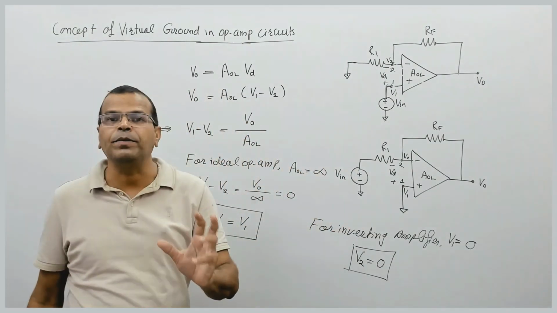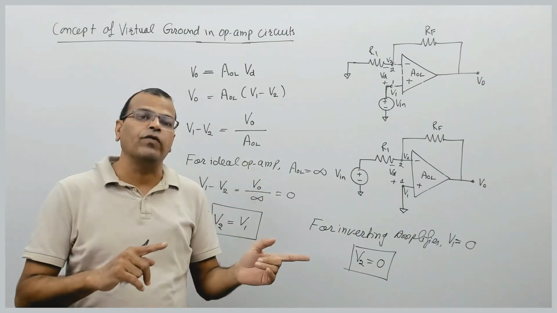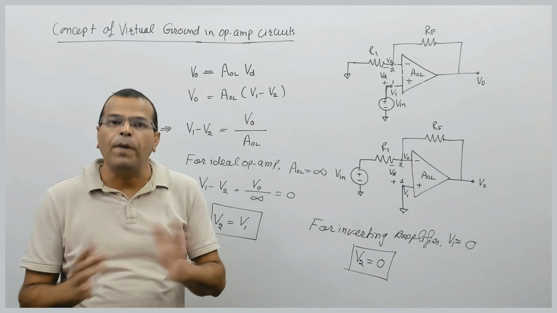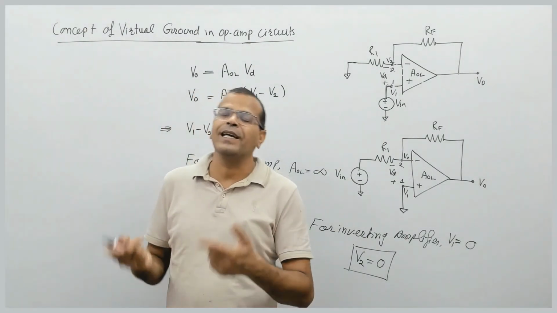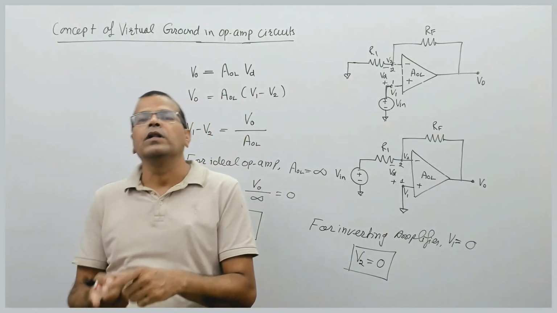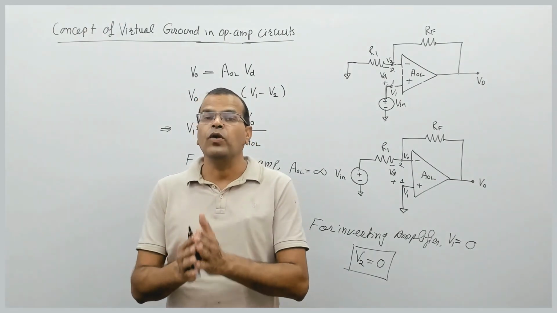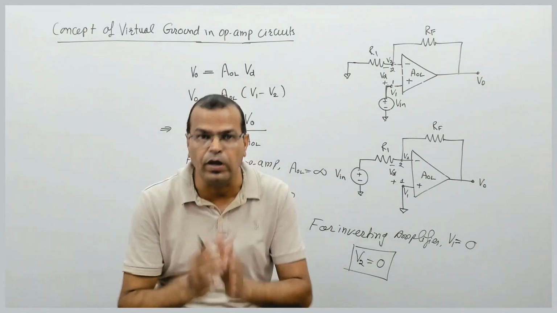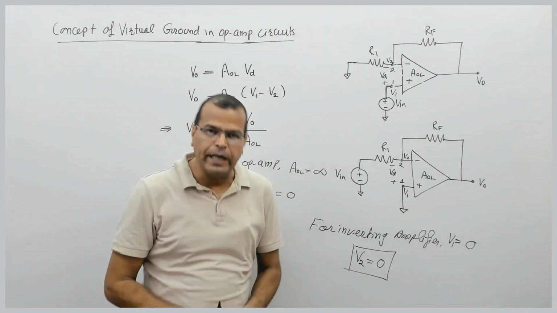This is the concept I will be using in the whole chapter from now onward. We will be assuming the op-amp is ideal and the inverting terminal is at the same potential as the non-inverting terminal. If the non-inverting terminal is connected to ground, then the inverting terminal is also at ground potential, which is known as virtual ground. I hope the concept of virtual ground is clear.